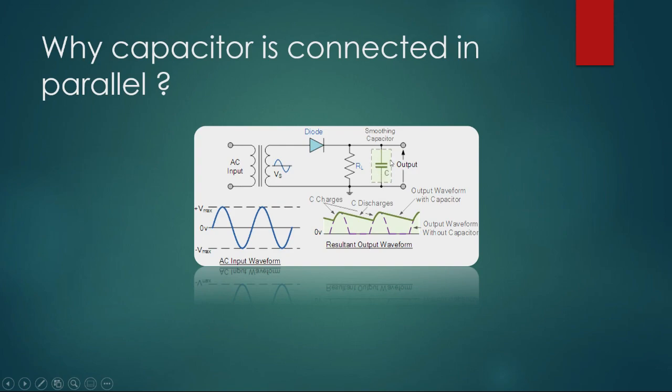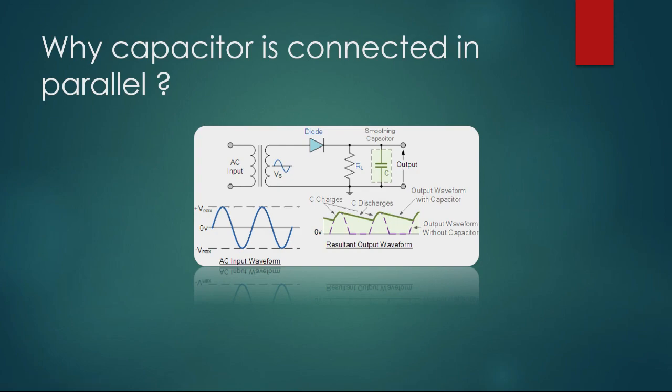And what will happen with this AC signal? It will charge the capacitor. So at this point, the capacitor will start charging. It will charge up to the maximum value of the input voltage. Here this is the input voltage Vmax. One more thing we have to understand here: if the maximum input voltage is, say, 10 volts, then at the output of the diode we will not get exactly 10 volts.